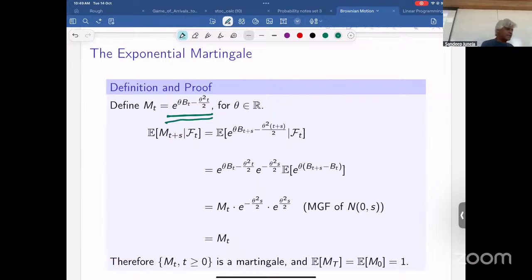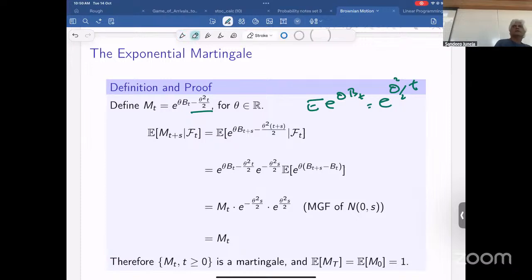That immediately suggests that I should subtract theta squared by 2 times t, because we know that for a Gaussian variable with mean 0 and variance t, the expectation is e to the power theta squared by 2 times t. This is just the MGF, the moment-generating function of the Gaussian distribution. Everybody with me so far?